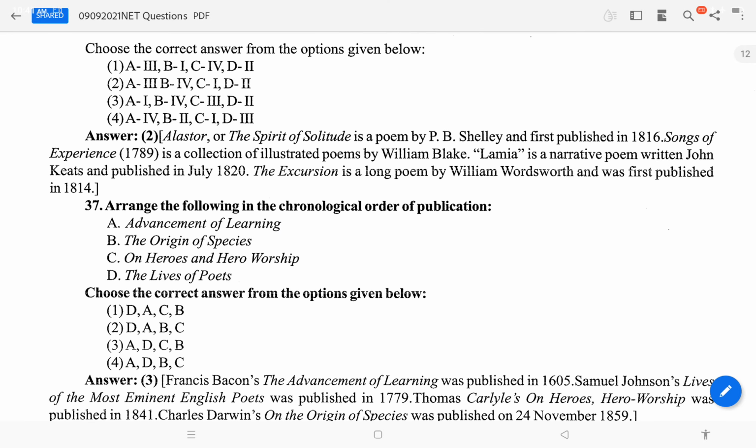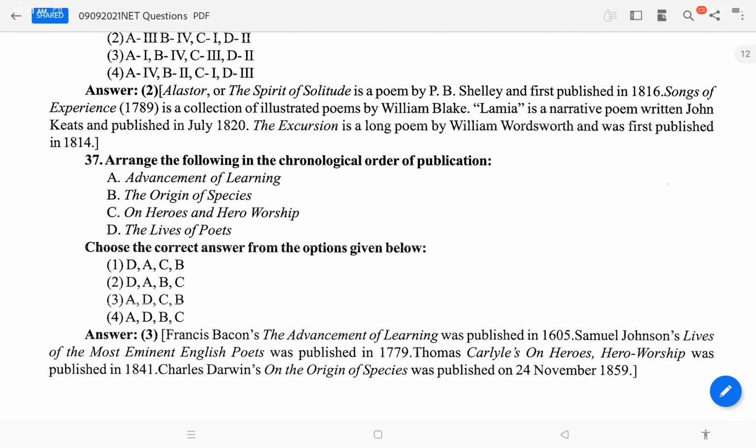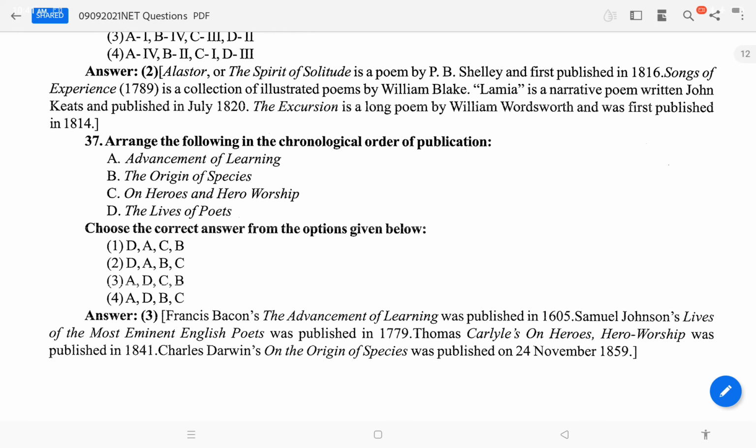Alastor, or The Spirit of Solitude, is a poem by P.B. Shelley, first published in 1816. Songs of Experience, 1789, is a collection of illustrated poems by William Blake. Lamia is a narrative poem written by John Keats and published in July 1820. The Excursion is a long poem by William Wordsworth and was published in 1814.